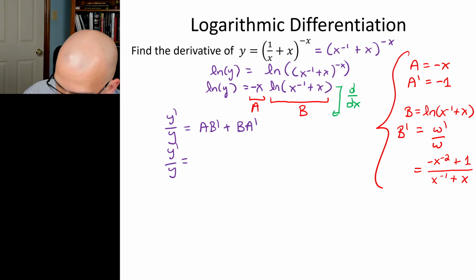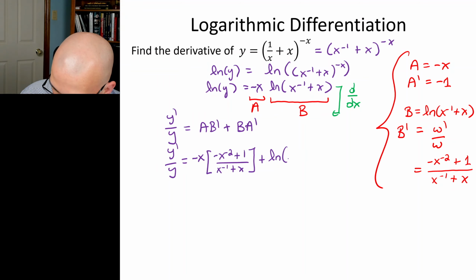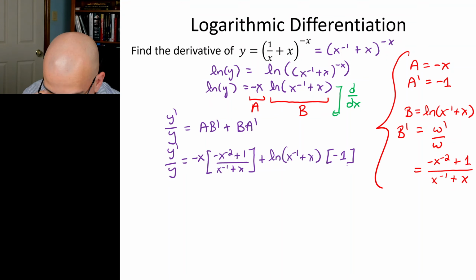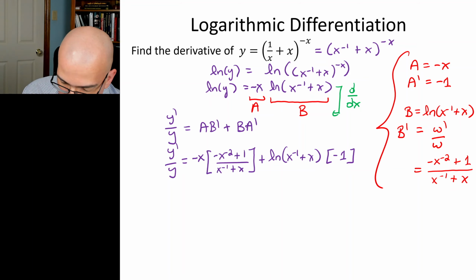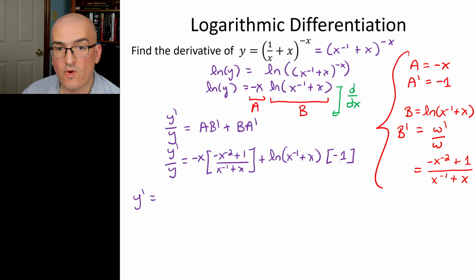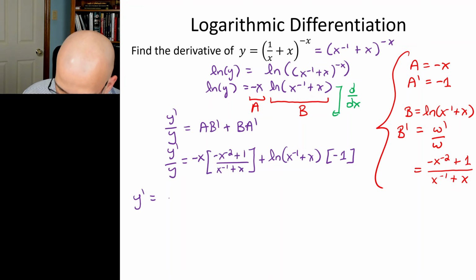So y prime over y is equal to negative x multiplied by b prime, negative x to negative 2 plus 1 over x to negative 1 plus x, plus b, the ln of x to negative 1 plus x multiplied by negative 1. And then we'll cross multiply. Y prime is equal to y multiplied by all that stuff.